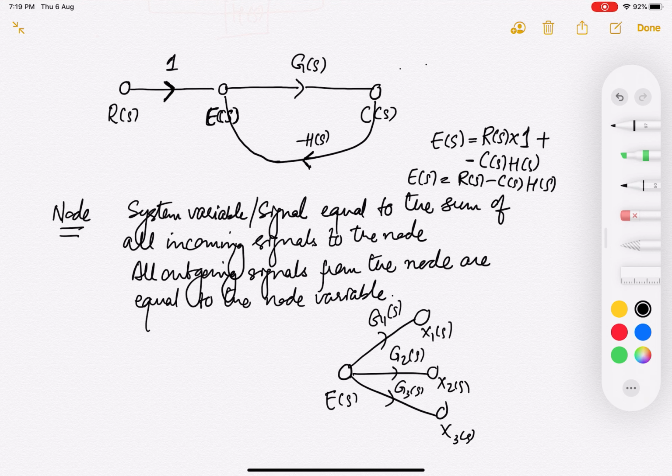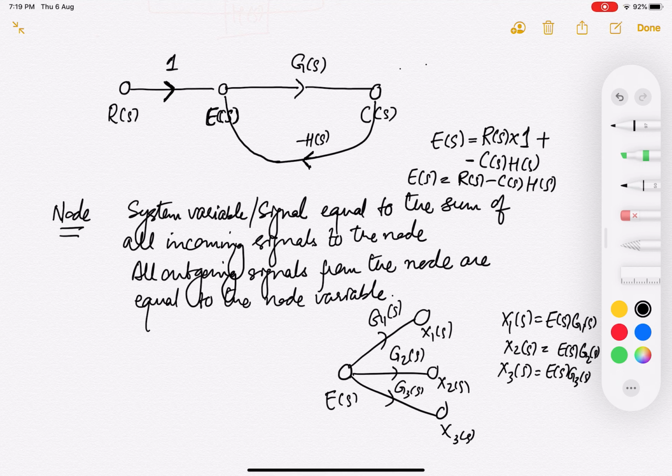It means that X1s is equal to ES into G1s, X2s is equal to ES into G2s, and X3s is equal to ES into G3s.